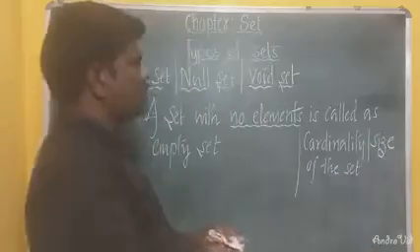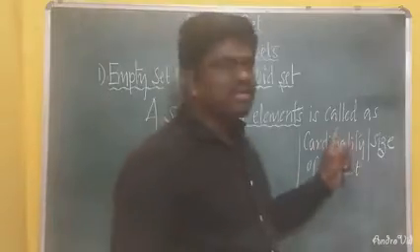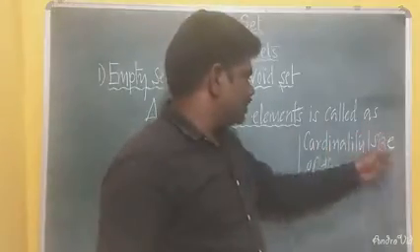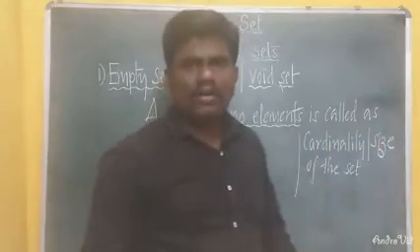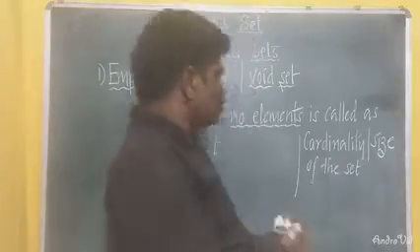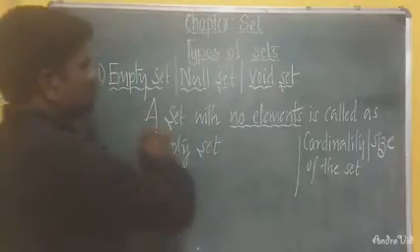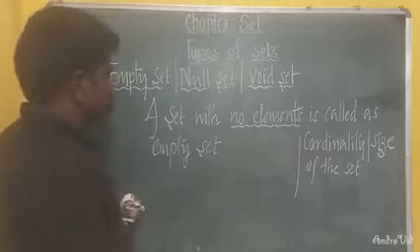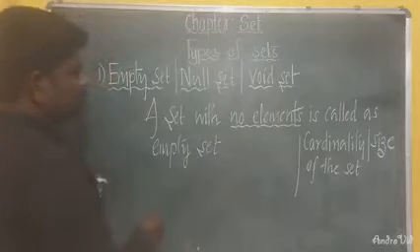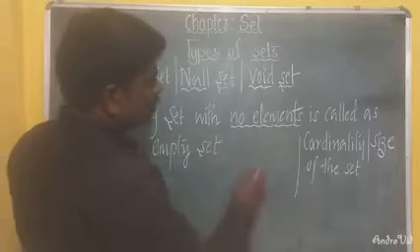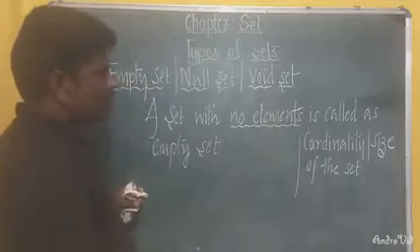So cardinality means number of elements in the set. Even the size of the set is also number of elements in the set. So an empty set will not have any elements in its braces. That is why the cardinality or the size of the set will be 0.